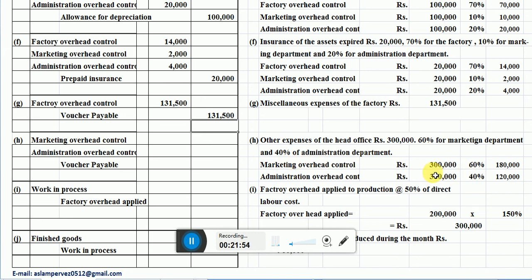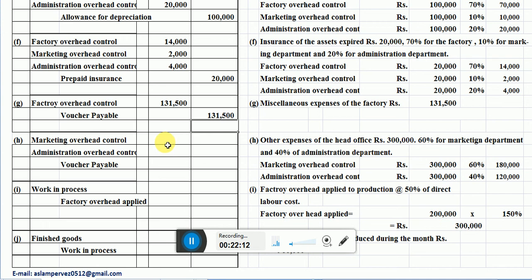Now we distribute these expenses in the form of 60% and 40%, which is 1,80,000 rupees belonging to the marketing expense, marketing overhead control, and 40% is 1,20,000 rupees, the administration overhead control here.